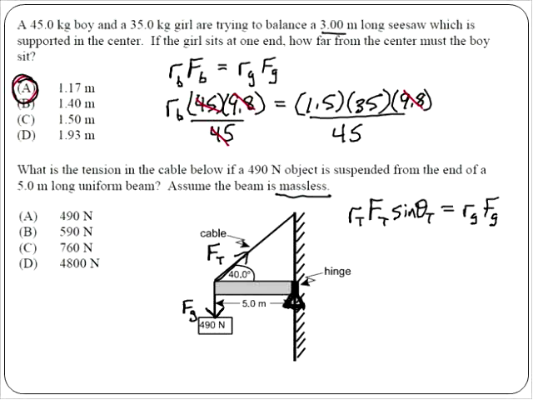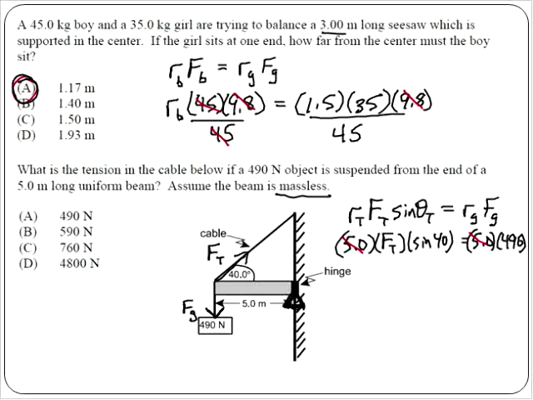So here's what we do. R_T. We know the distance is 5.0. The force of tension we don't know, but we also know that sine of 40 is the angle. Okay, R_G. The distance to the end is again 5.0, and the force of gravity there is 490. Now, if you want, you can cancel out these two distances. So it turns out that the length of that beam doesn't even matter because you're not given the force of the beam.